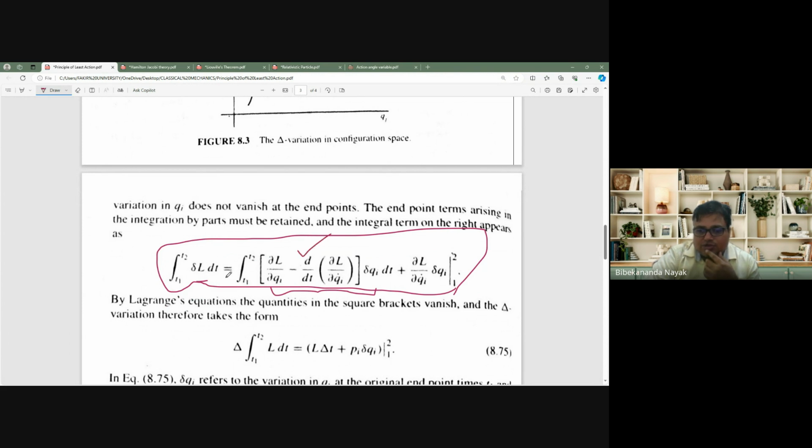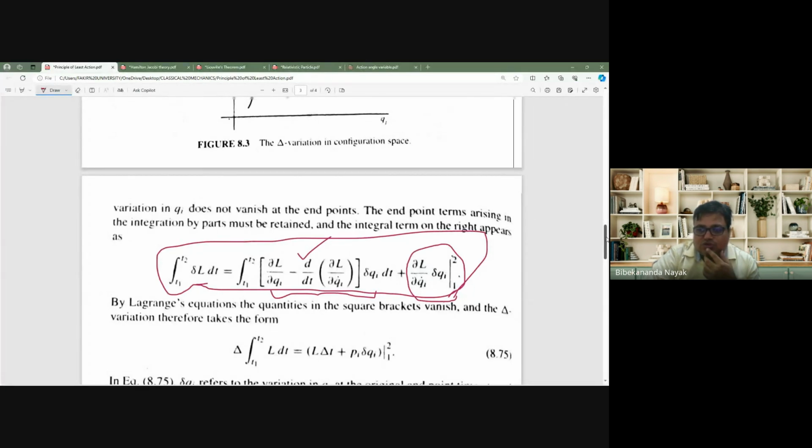For the exact path of motion this was 0, so this term is 0. At the endpoints the variations are 0, so this term gives 0, and this is Lagrange's equation.